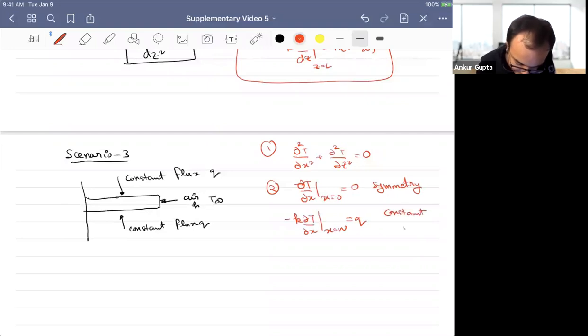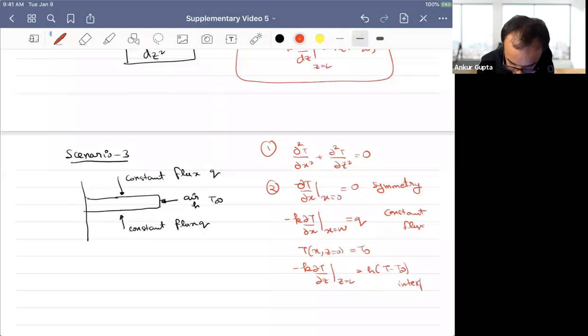The other boundary conditions remain the same: at z equal to 0 it is T naught, and minus k del T by del z at z equal to L is h of (T minus T infinity). This is the interfacial balance. So this is again a 2D problem, but with different boundary conditions.